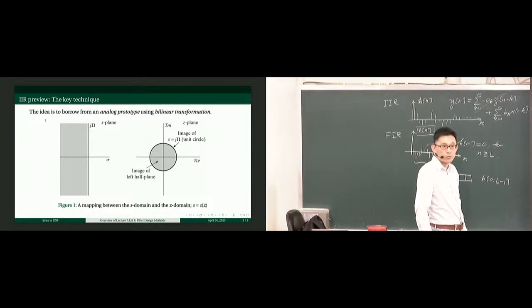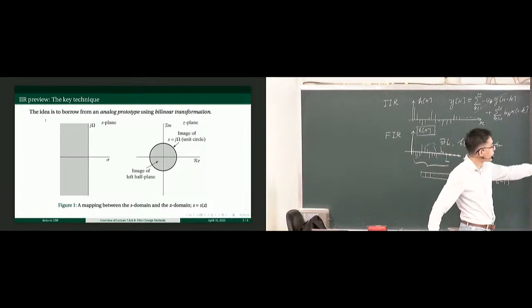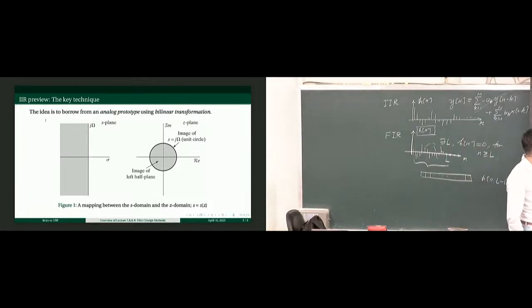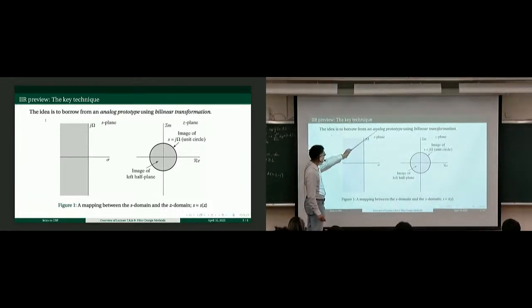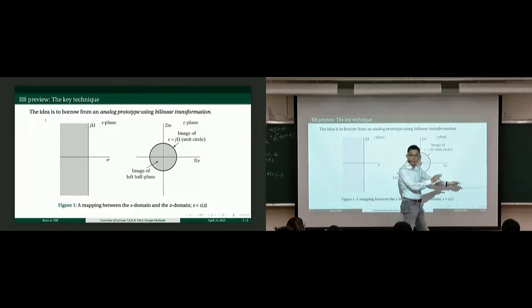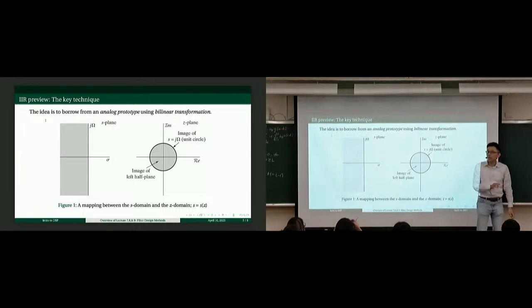Historically, first people studied analog systems, differential equations, right? Which has a lot of application in physics and mechanical engineering, for example. So analog systems existed way before digital systems. So historically, people borrowed from analog knowledge. So there will be some analog low-pass filters, which have nice properties.